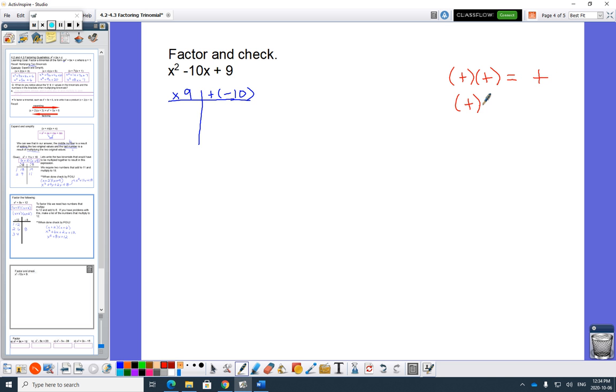Positive times negative or negative times positive. The order doesn't matter. What's your answer? If one of them's negative and you're multiplying. Negative. So in order to multiply to a positive number but add to a negative number, that means that both of our numbers have to be negative. So you do need to be careful of the integer rules.